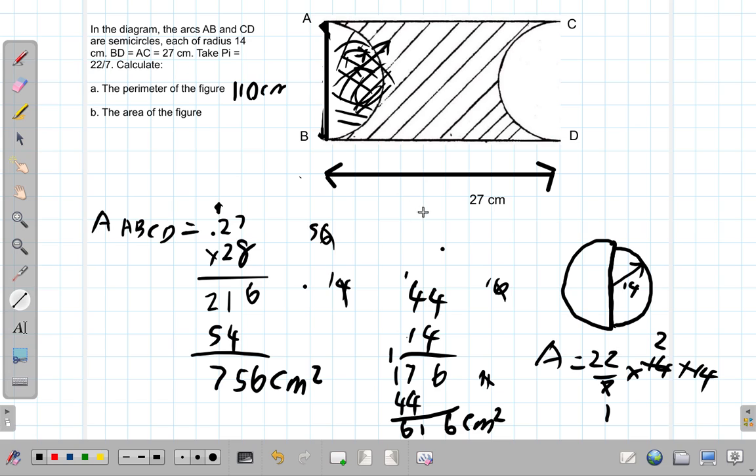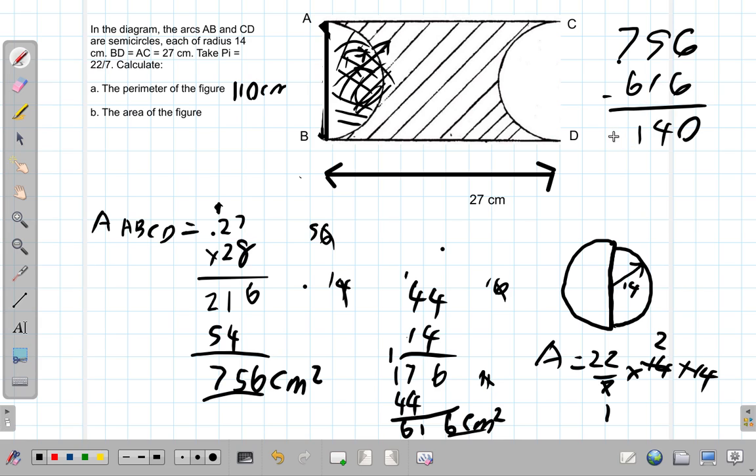Then after that, we're going to find the shaded area that remains, right? So it's 756 minus this 616. 6 minus 6 is 0. 5 minus 1 is 4. 7 minus 6 is 1. 140.